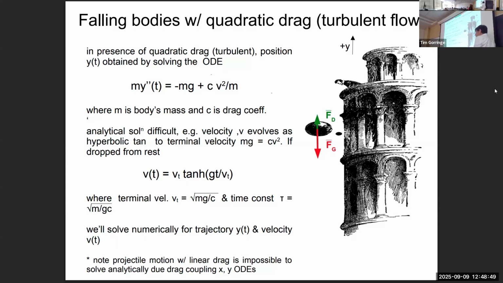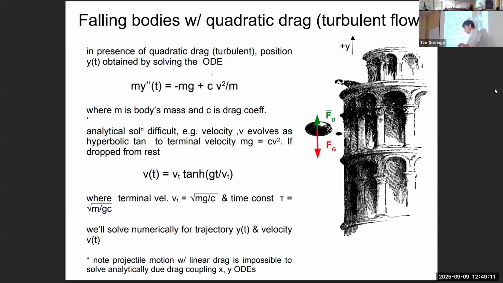In the case of linear drag, the step from one-dimensional falling motion to two-dimensional projectile motion is a big complication in the analytical solution, because the drag force couples horizontal and vertical motion.